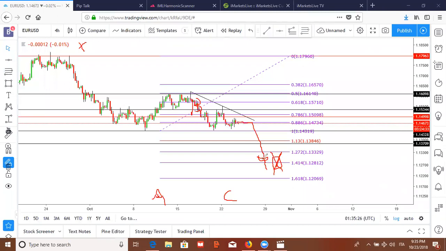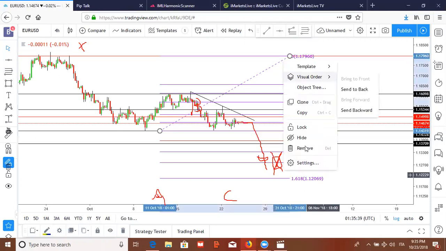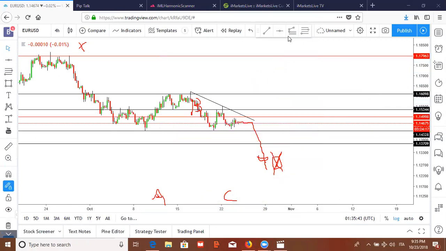This will be perfect right here: the wick and the candle closed above it. So if it does do that, then those are my two options. So now what I want to do is be patient and wait for the market to show me its cards.